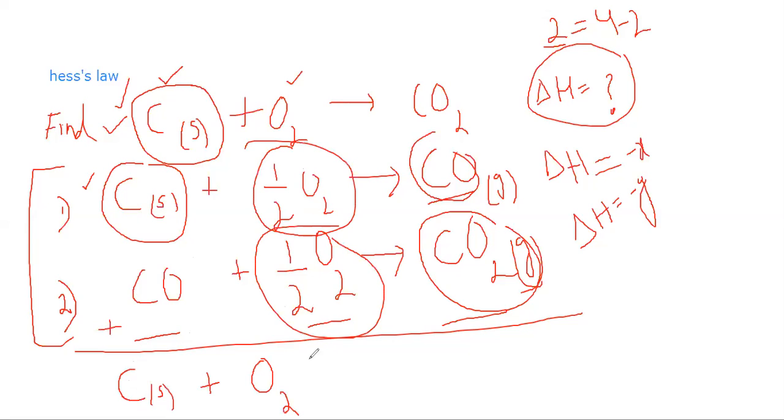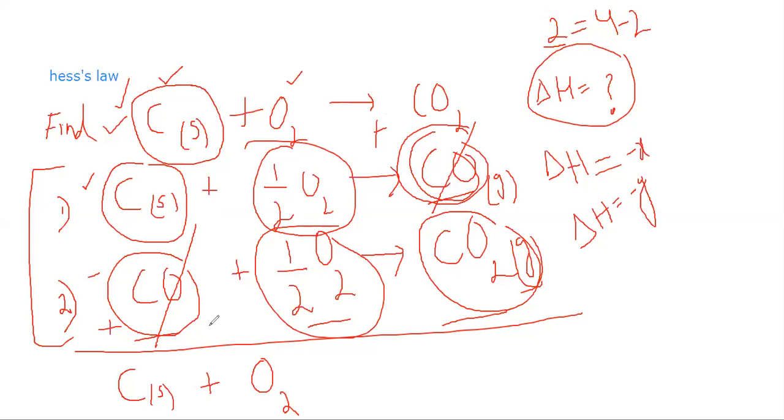Clear? Next you have carbon monoxide here and carbon monoxide in the product. If I move this carbon monoxide to the other side of the equation, it will be in a minus. So I can cancel both carbon monoxide, because one is considered positive and the other negative.